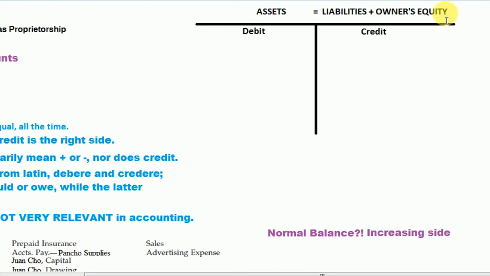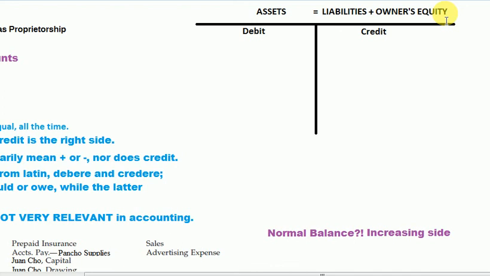And that equality is going to reflect the condition of a business. If I say 1 apple is equal to 25 cents, I am showing that an apple has the value of 25 cents.